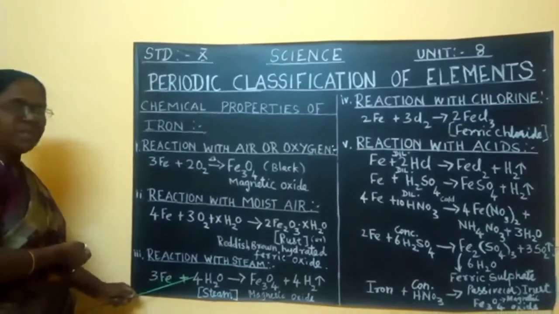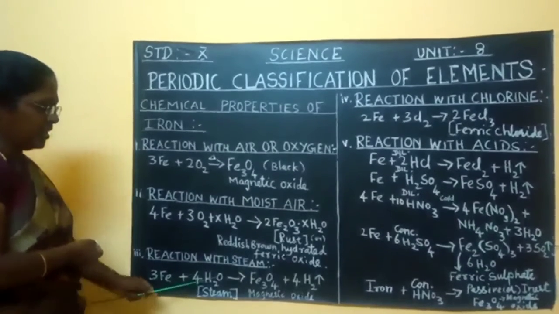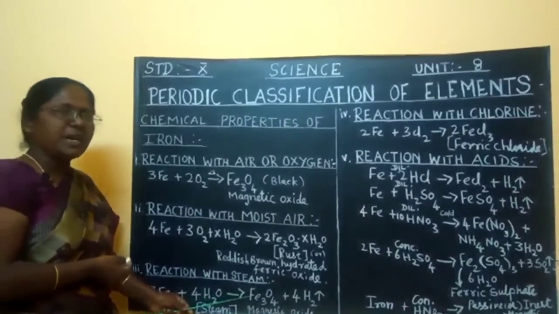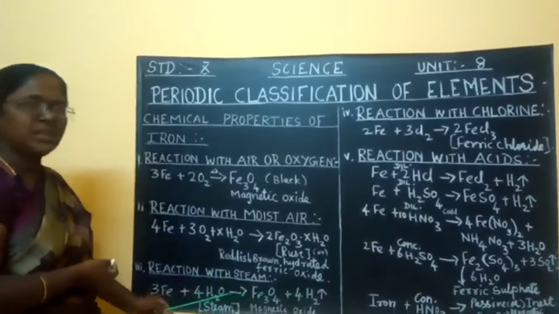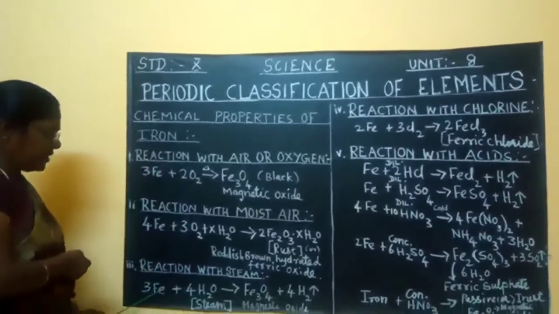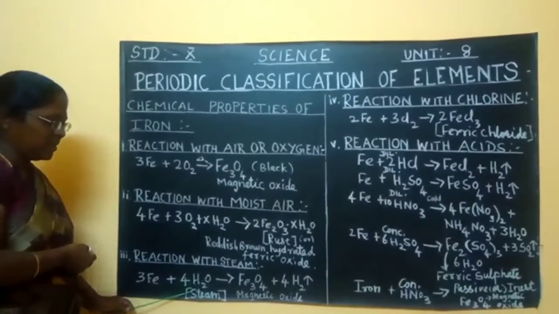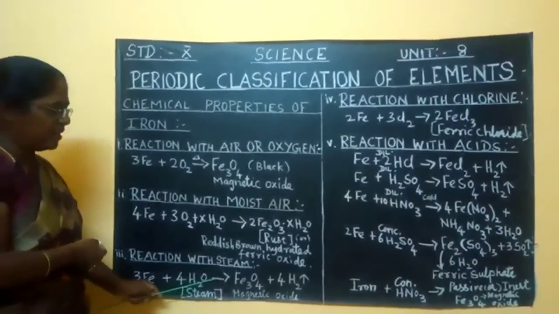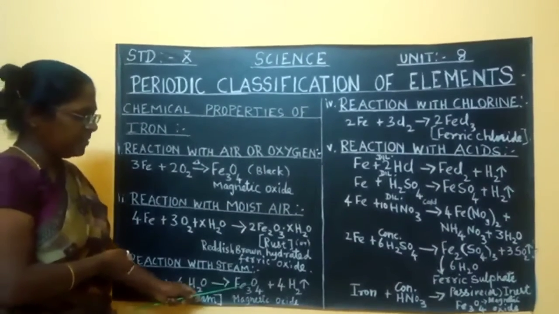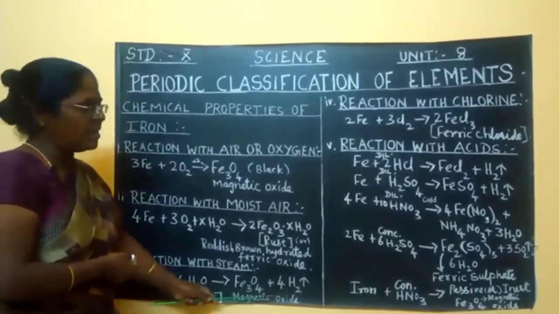When steam is passed over red hot iron, it produces magnetic oxide, and hydrogen is liberated. So Fe means iron combines with water. Here we are taking steam. Steam means water vapor. It forms Fe3O4, which means magnetic oxide.